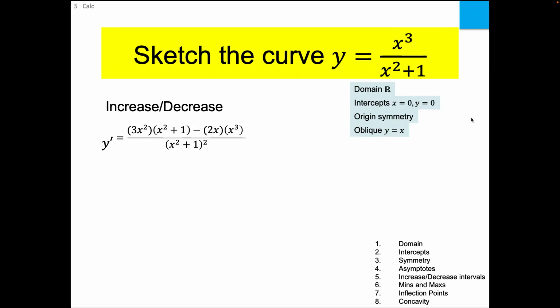Where are you getting a 4 from? Oh, it's just 3x to the 4. And then just 3x squared. There we go. And then I'll do this one for you. All right, now what?